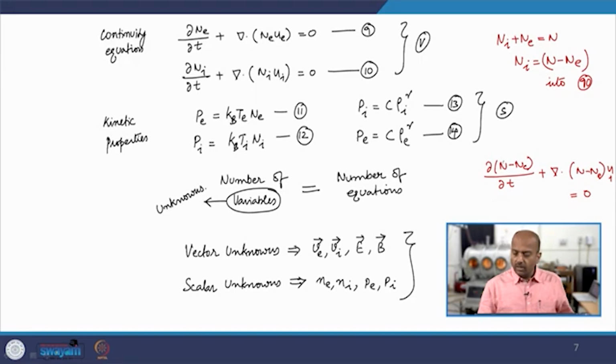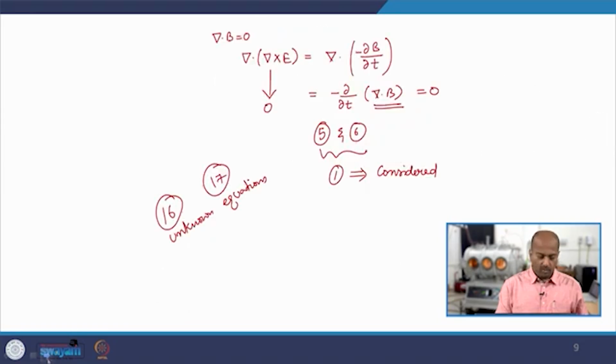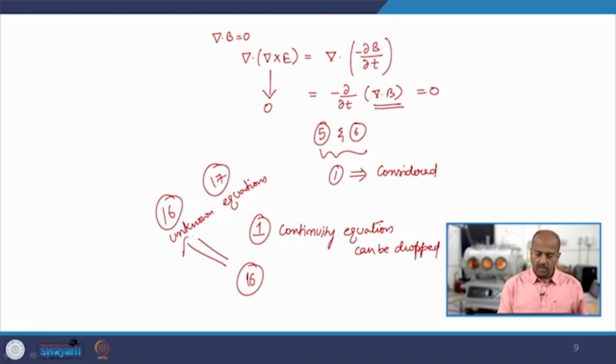So, if you take the total number to be a constant, you will get equation number 9 from this, which means that out of the two continuity equations, we can only take one equation. So, one continuity equation can be dropped. In total we now have 16 equations which are matching with the 16 unknowns.